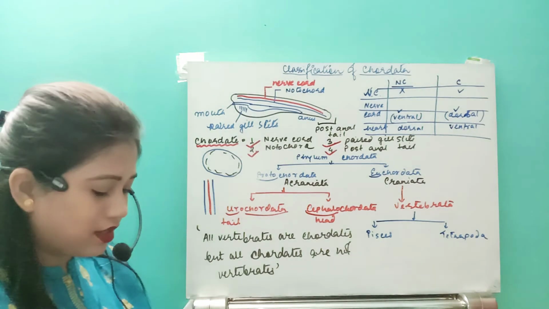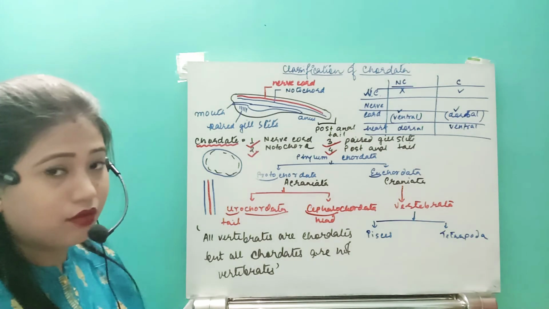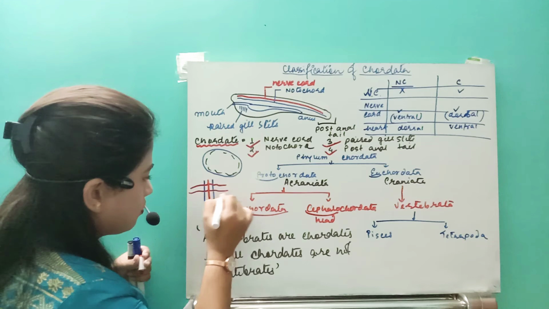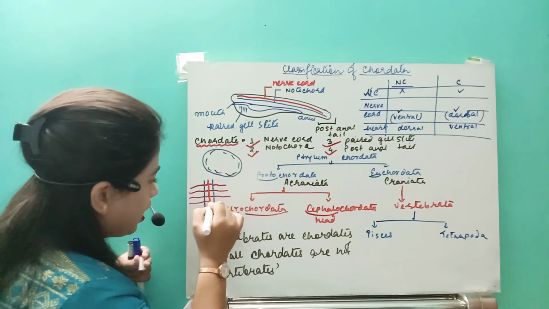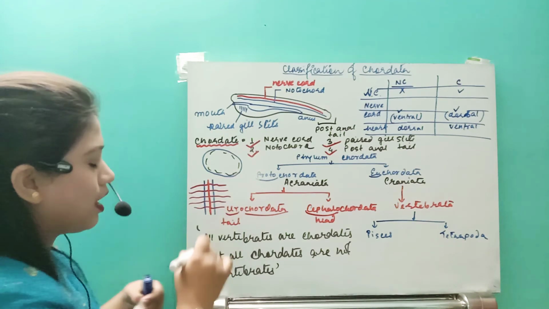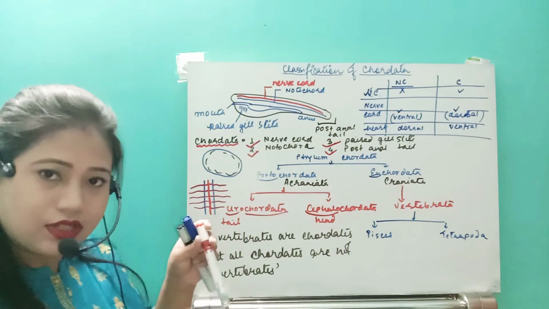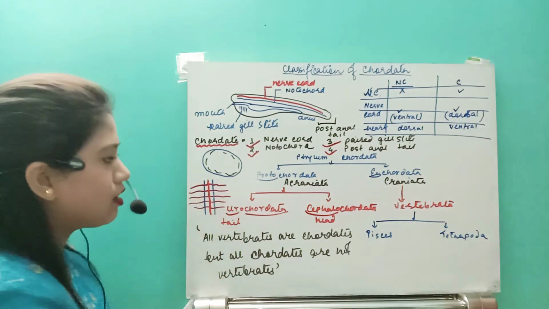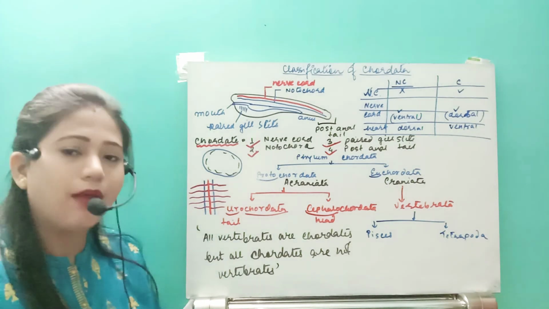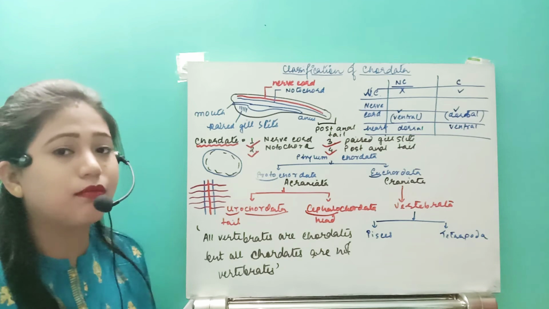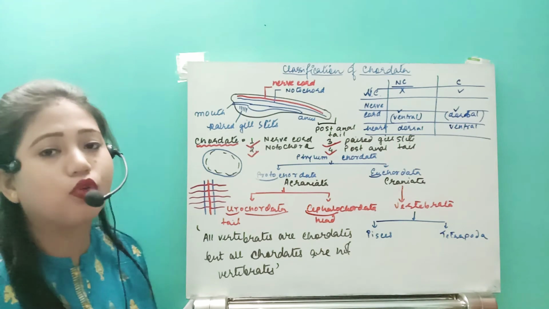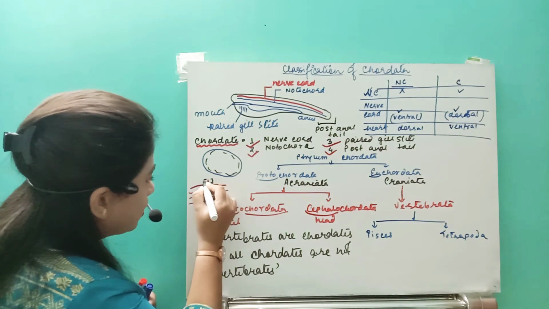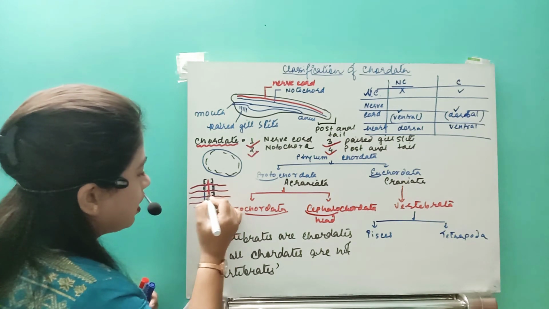One more thing we should know: from the nerve cord a number of spinal nerves arise. Above we have a stiff rod-like structure, so how is it possible for the spinal nerves to arise? That is why the notochord is divided into pieces, and each piece is known as a vertebra. This way the vertebrae have developed.